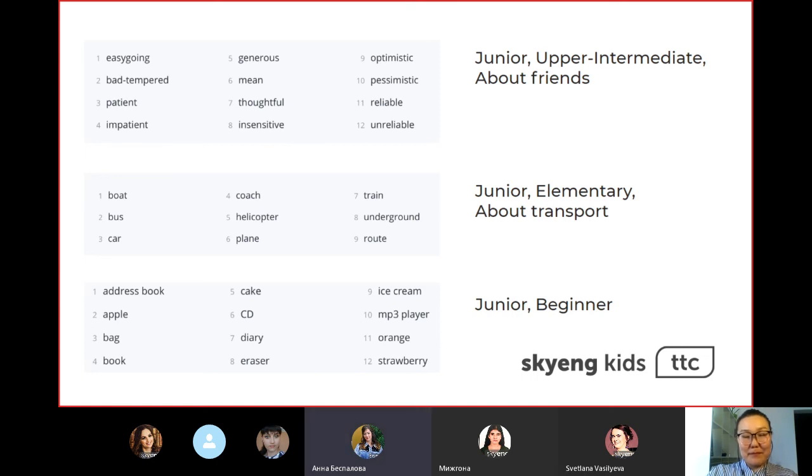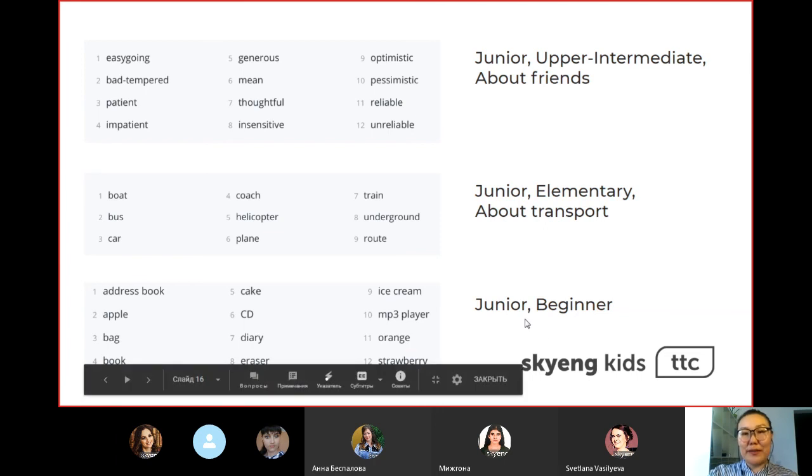For example, if it is a classroom object, maybe just answer or maybe help sometimes. Okay, yeah. Talking about practice, games will be great for primary students. So if you have some ideas, you can use them, of course.